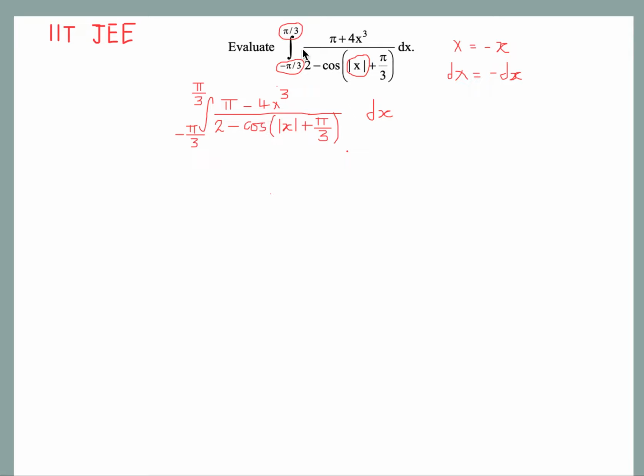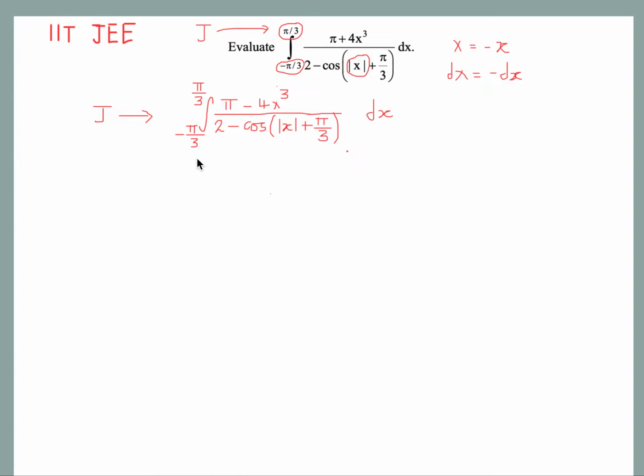Now that we've got the limits the same, a nice trick which they sometimes use is, first of all, giving them a name. So let's call this integral j. Why not? So this integral is j, and this integral is also going to be j.